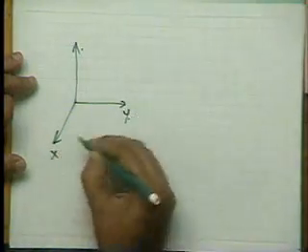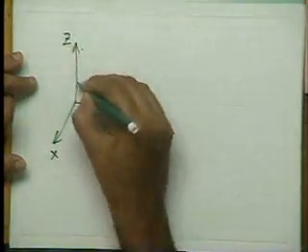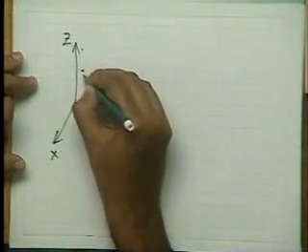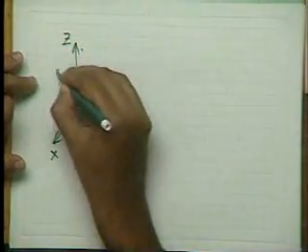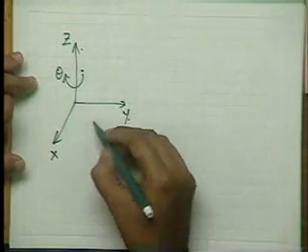What about rotation with respect to the z-axis? Supposing this is y, this is x, this is z. We have a point over here, which is rotating by an angle theta.